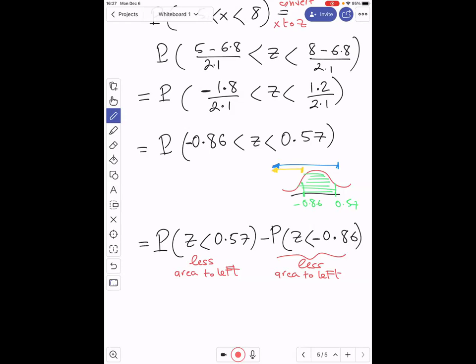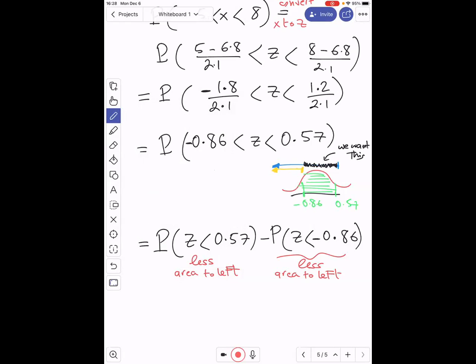And then you can see the difference between the two areas. It's exactly this area right here, right? Between these two numbers, right? So this is exactly what we want. Right, the difference between the areas to the left, that will be exactly the area between the two numbers.